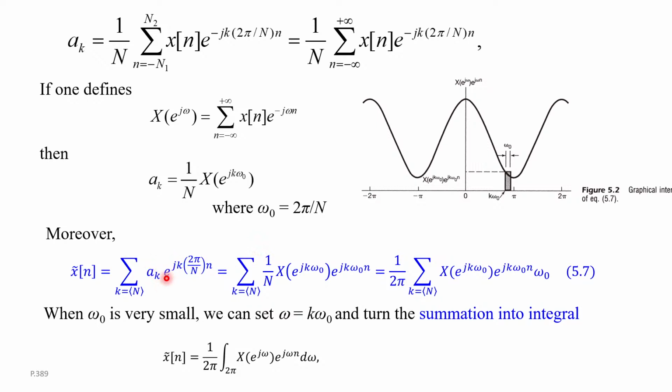Then we switch our a_k into our big X, so 1 over N big X and still e to the jk omega naught n. Now we do another change: we switch this 1 over N to omega naught divided by 2 pi, because omega naught equals 2 pi divided by N.